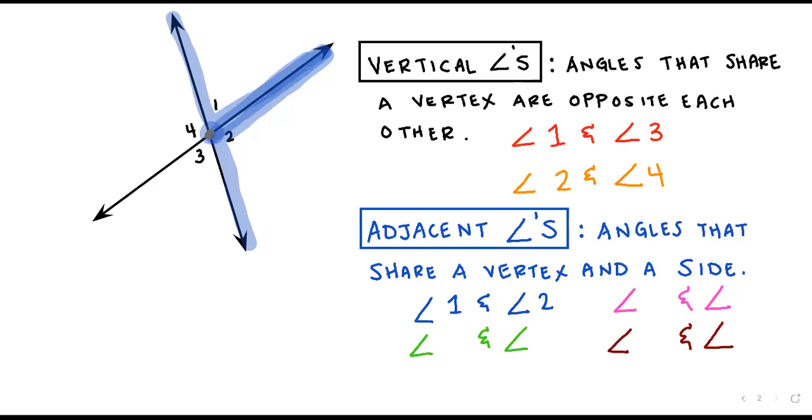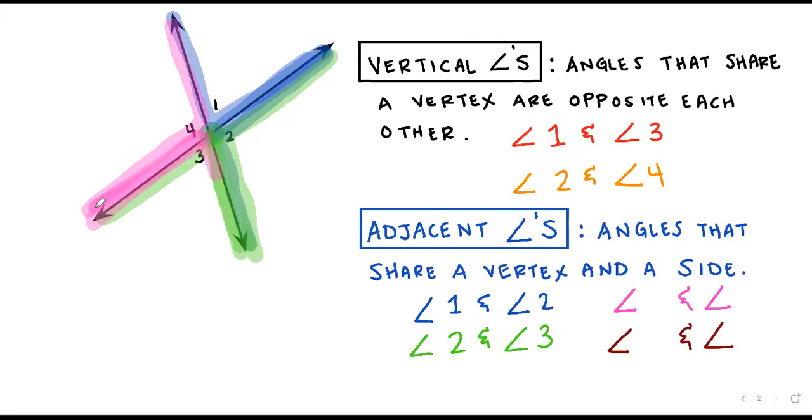Now, angle 2 also shares this side with angle 3. And you can see that they share the same vertex. So that means that angle 2 is also adjacent with angle 3. Now angle 3 is sharing this side with angle 4.